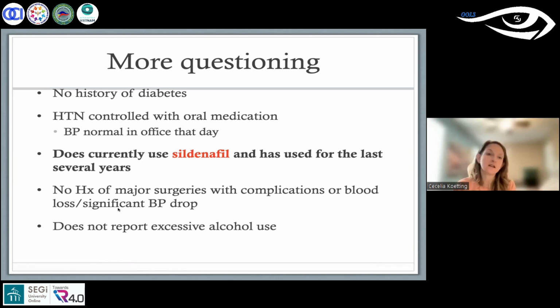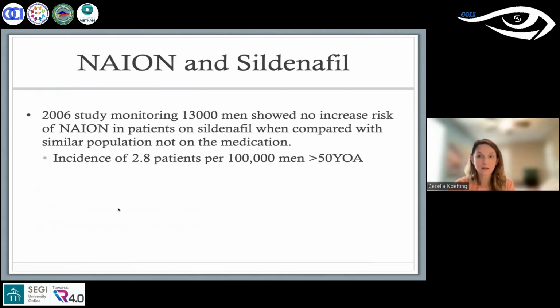So we ask about those things, also asking if he's had any surgeries where there were complications and a severe loss of blood or blood pressure drop. And typically those tend to be more bilateral when we see this.